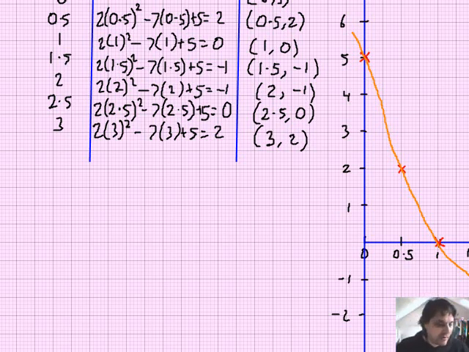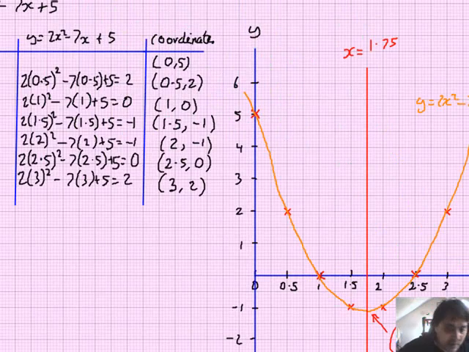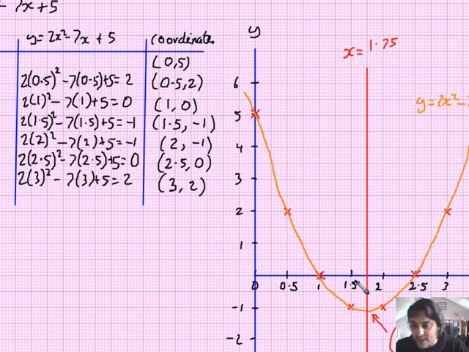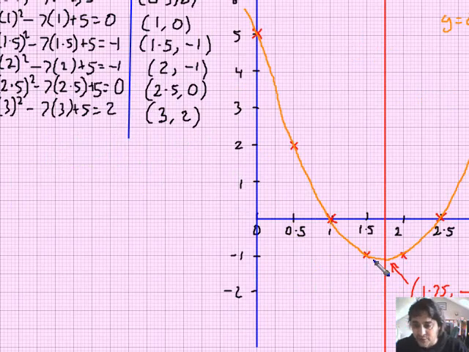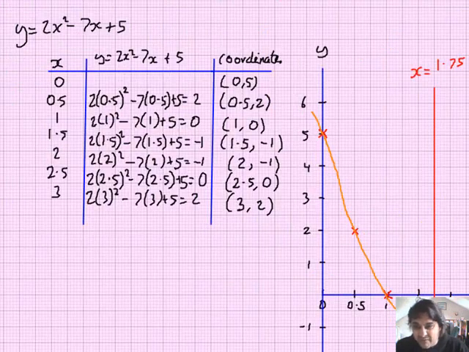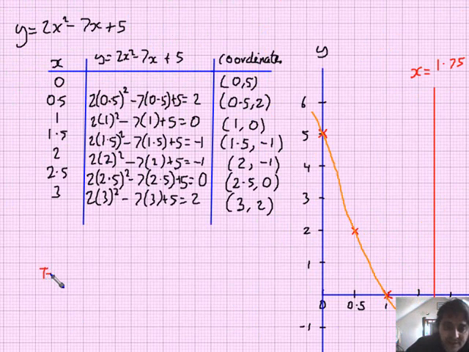Now let me just do a quick calculation for you to show what they did. Well, you have to spot first of all that the line of symmetry is 1.75. Clearly between 1.5 and 2, these appear to be the bottom points, but between this and this point here we have 1.75. Therefore, if you use that and substitute it into the equation here, I'm going to do it for you now just to test it out.